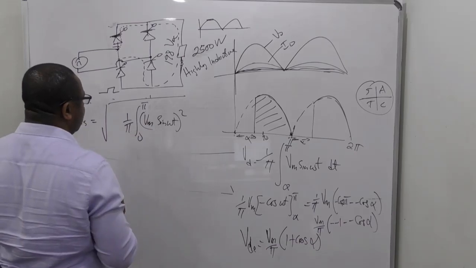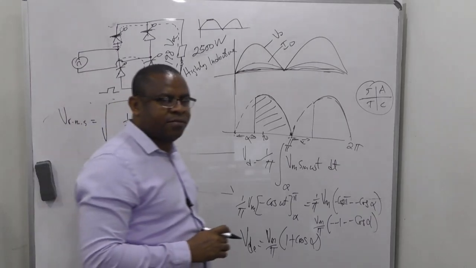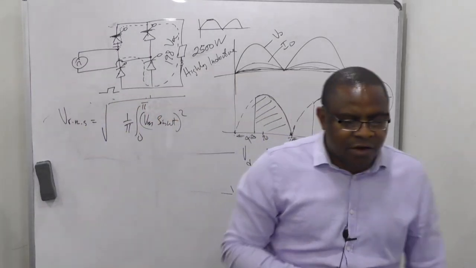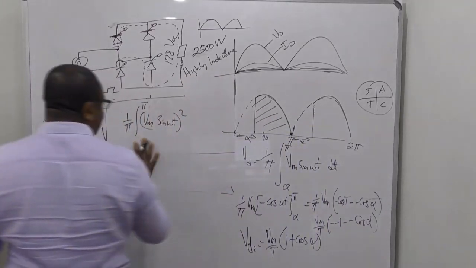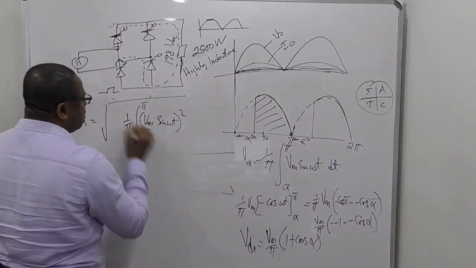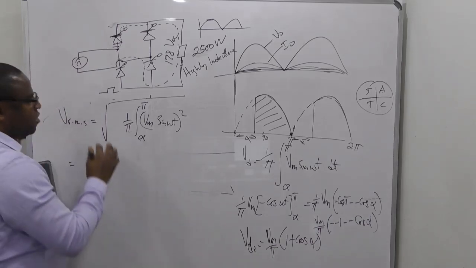So root mean squared, like that. But this will now not be from 0 to pi, it should be from alpha to pi. So you just do the same thing that we did before.